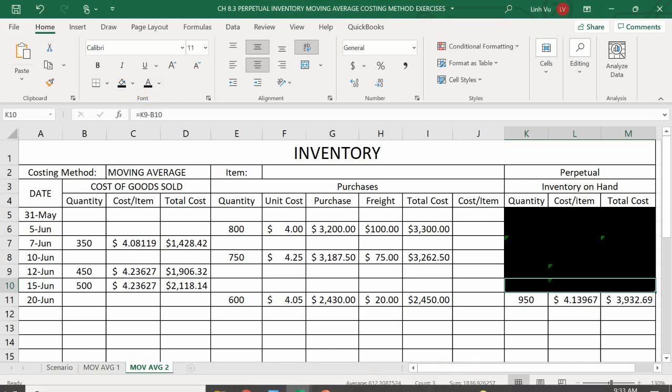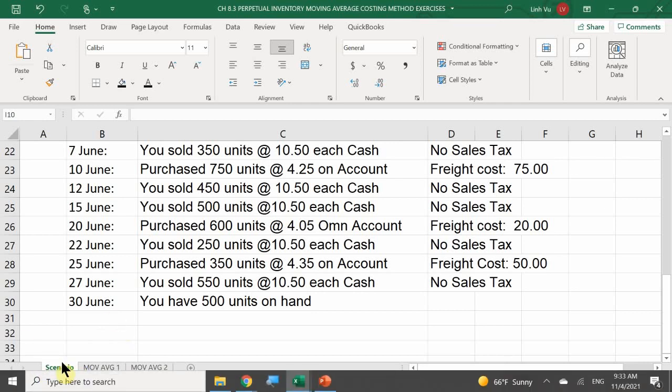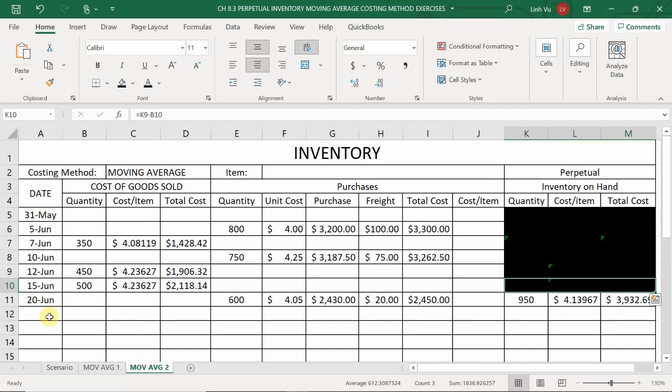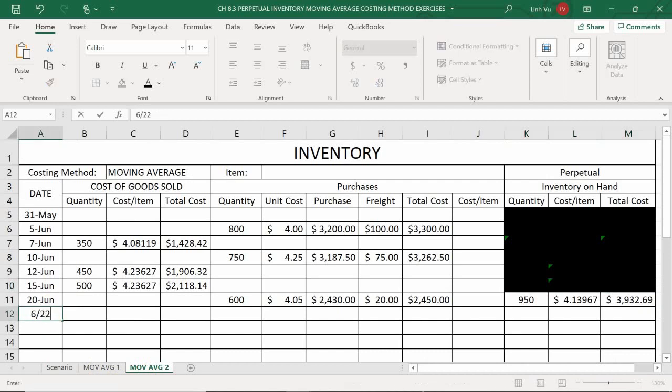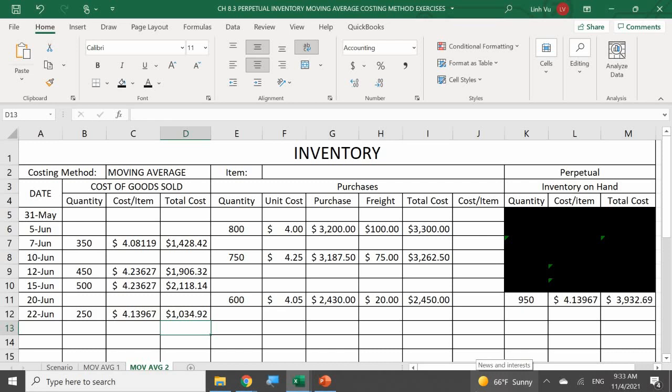Okay. So then let's see what has happened next. The 22nd, we sold 250 units. So then that, right, you're going to take the 4.13967, okay, to get my total cost of goods sold to be 1,034.92. Good.